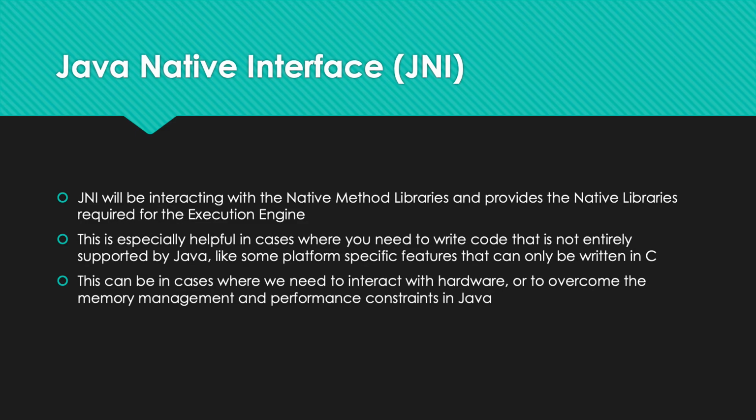So this acts as a bridge between the execution engine and the actual native method libraries. In case some native method library needs to be called, it's going to be through this that the execution engine is going to execute all those native method libraries.